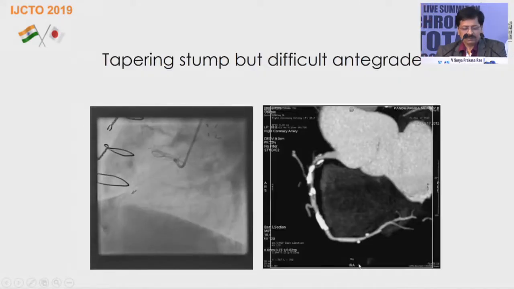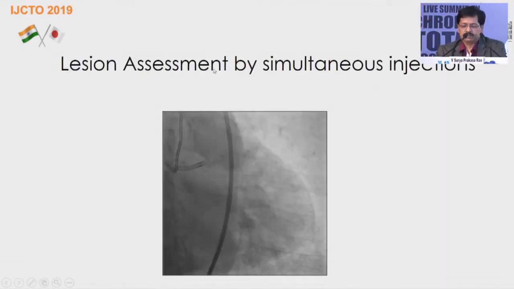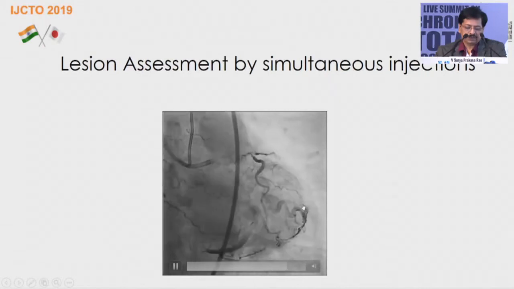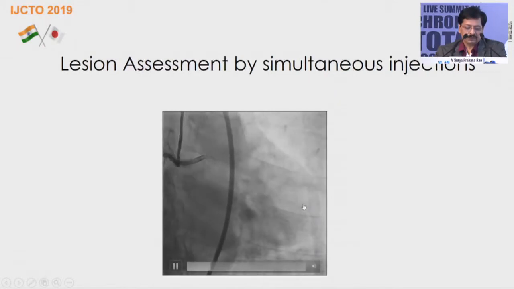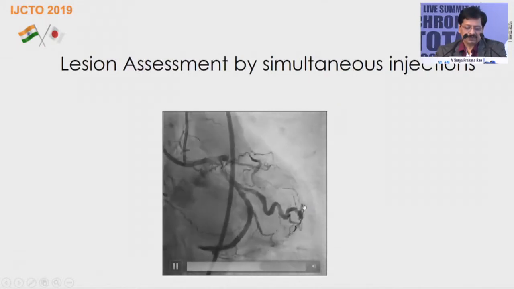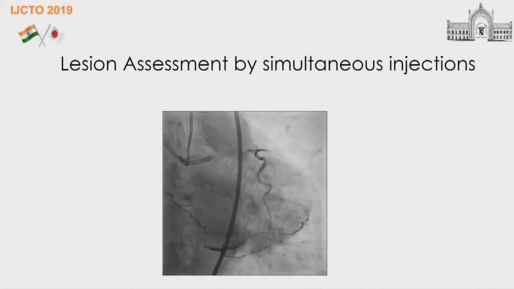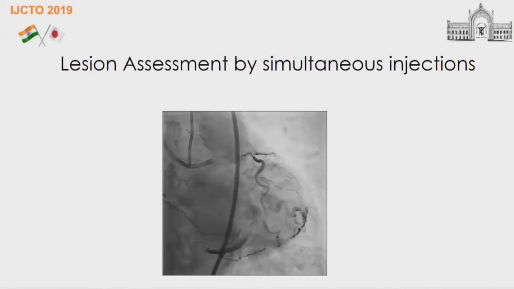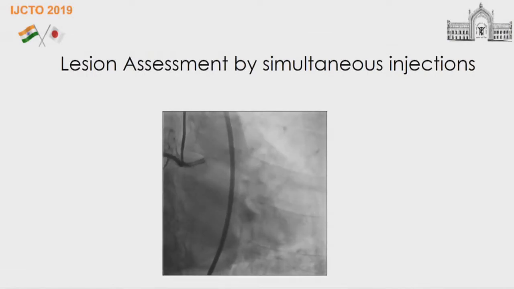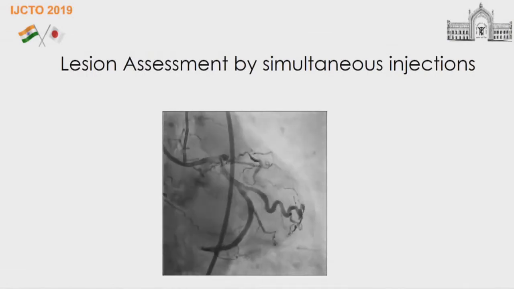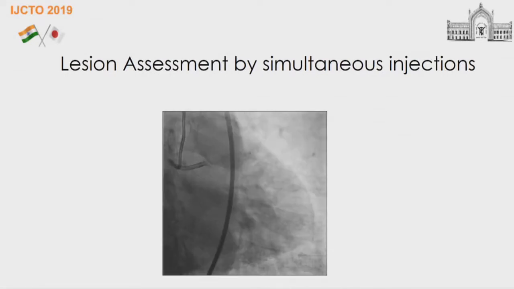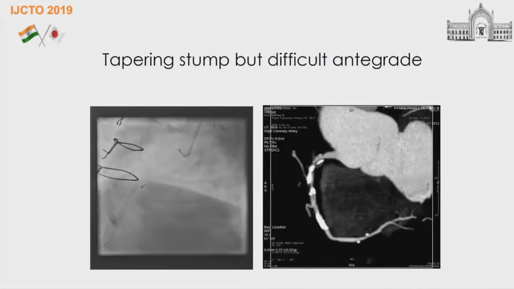The simultaneous injections are useful to see the segment of the lesion, the collaterals, the distal vessels. These are very important. If you have a very good distal vessel and the collaterals are reasonable, whichever approach you want to start with, you can change to a hybrid approach. That is the advantage. So, lesion assessment is very important by the control simultaneous injection.